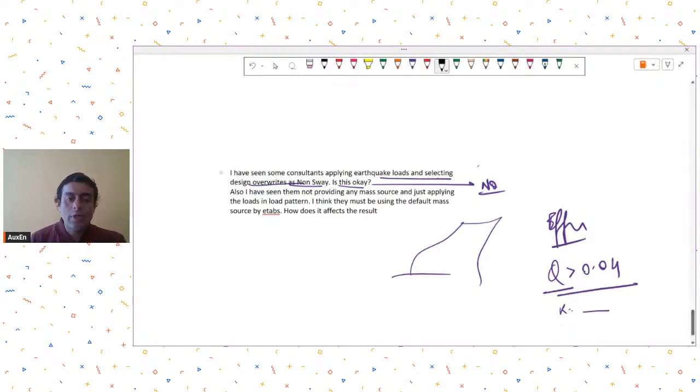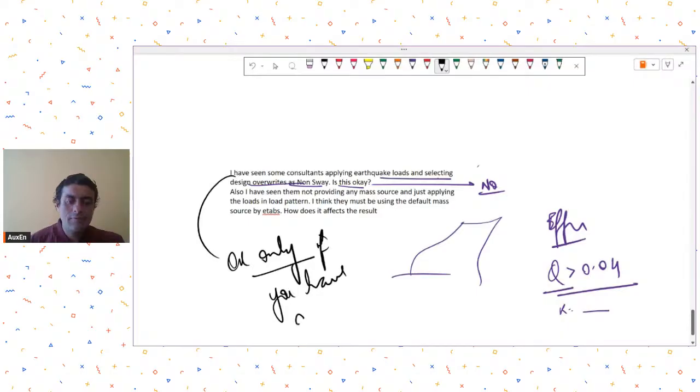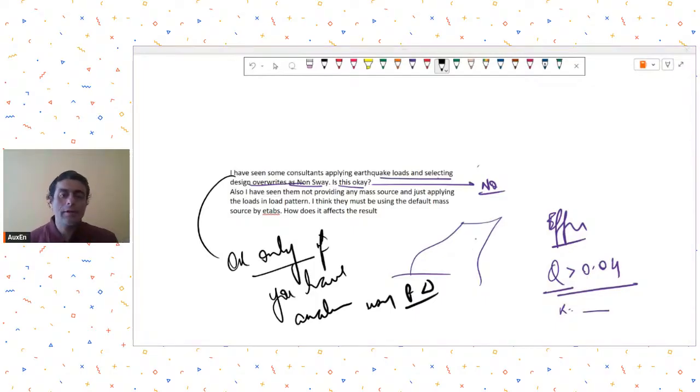This is okay only if you have already run the P-delta analysis. So let's say if you have already run the P-delta analysis in your software, that means the second order effects have already been considered. Then you might go for non-sway or sway, it will not matter because you have run the P-delta.